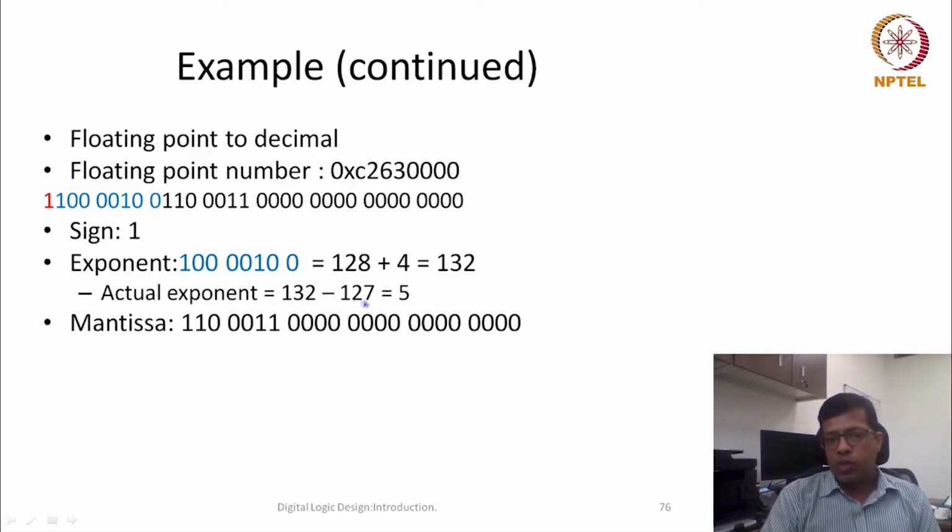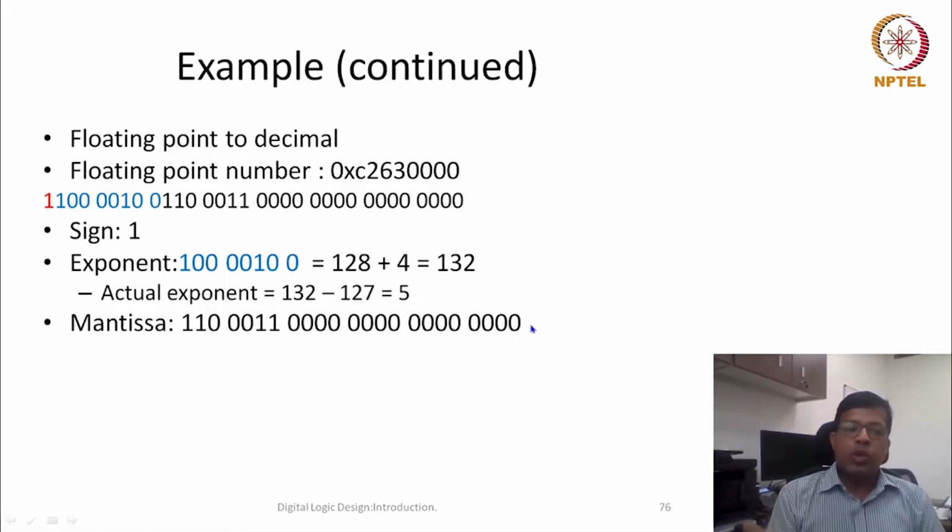Subtracting 127 from 132, the remainder is 5. The rest of the bits, 23 bits, are the mantissa. In the mantissa we write 1 1 0 0 0 1 1 and then the rest zeros.